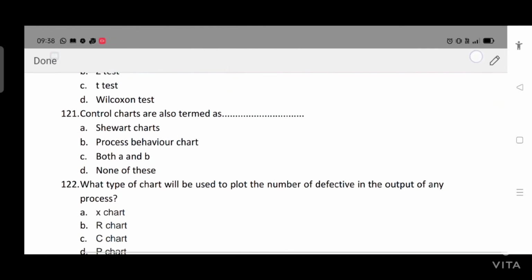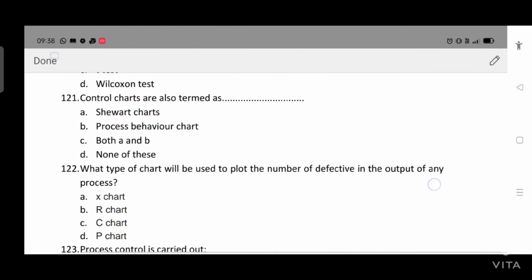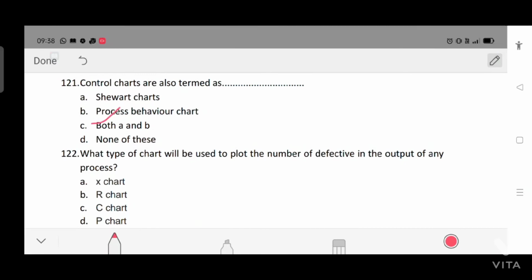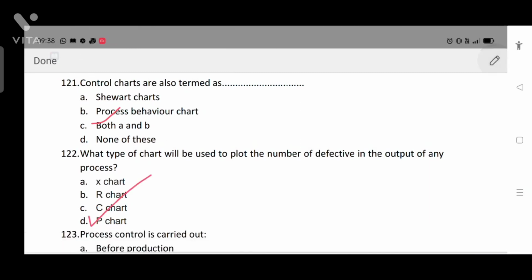The control chart also termed as A, B, C, D. C answer, both A and B. Shewhart charts, process behavior chart. Question number 122. What type of chart will be used to plot the number of defectives in the output of any process? P chart. The answer was P chart.